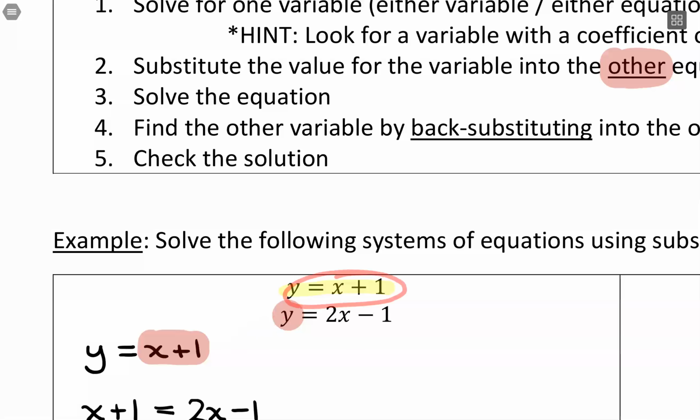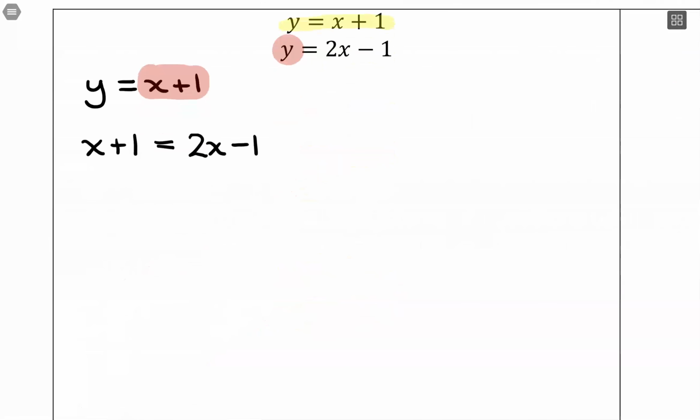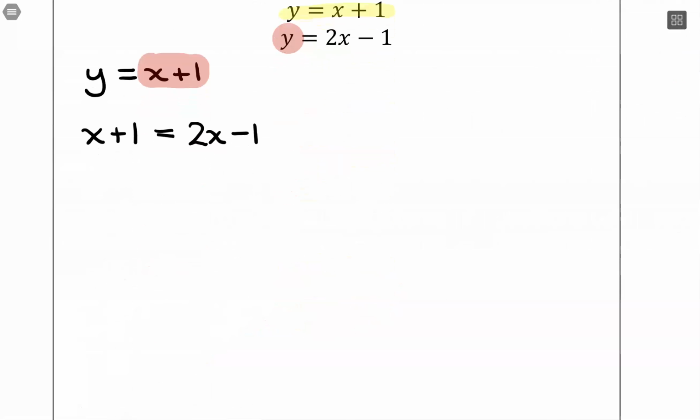Now that all we have are x's, we can solve for x. I'll subtract x from both sides, then add 1 to both sides. So x is 2, which is our x coordinate.